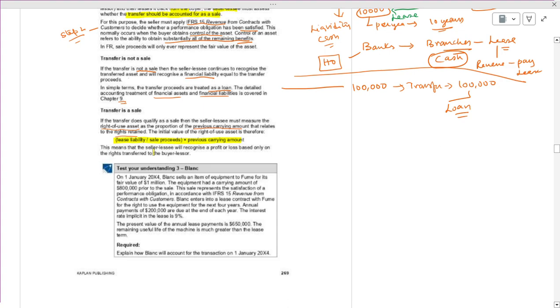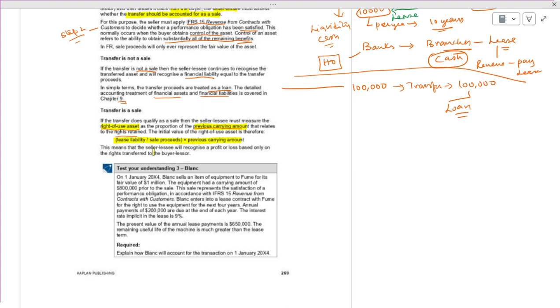If the transfer does qualify as a sale, then the seller-lessee must measure the right-of-use asset at the proportion of any previous carrying amount that relates to the rights retained.